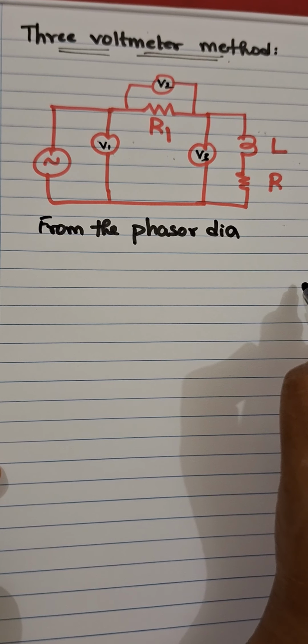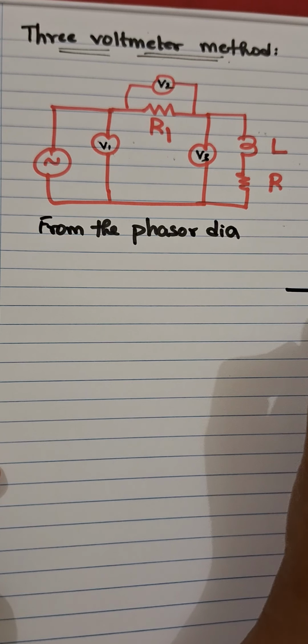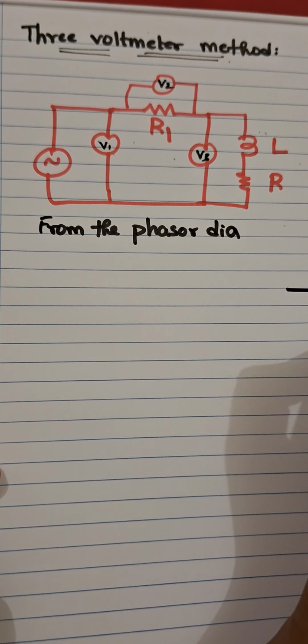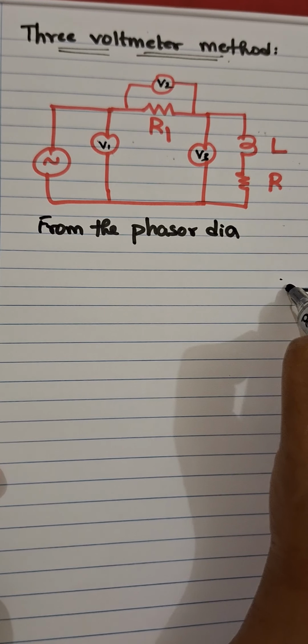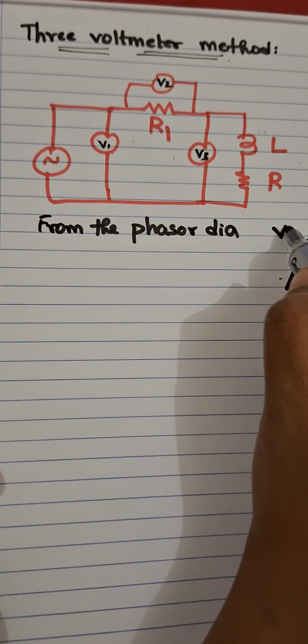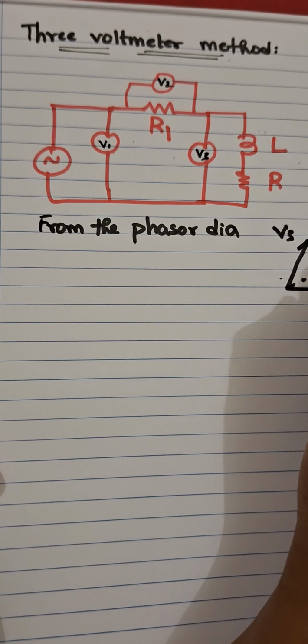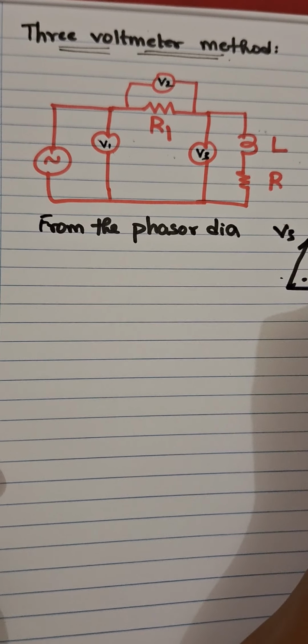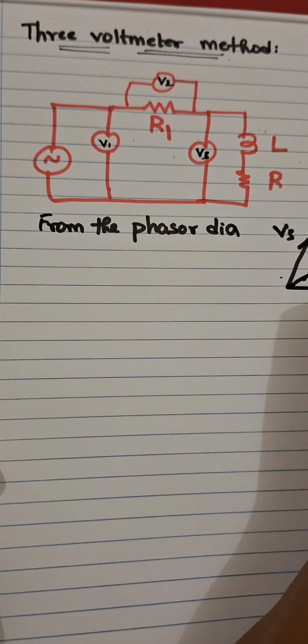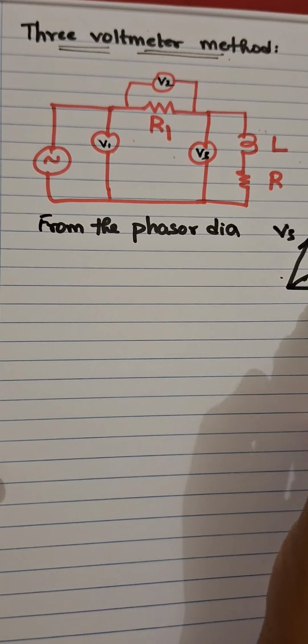In the 3 voltmeter method, for finding the resistor, we said this is the voltage V2 and voltage V3, and the resultant of these two voltages is V1.